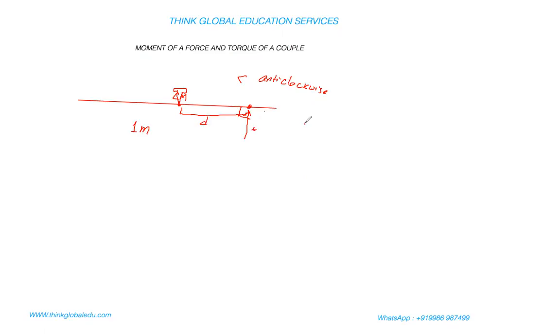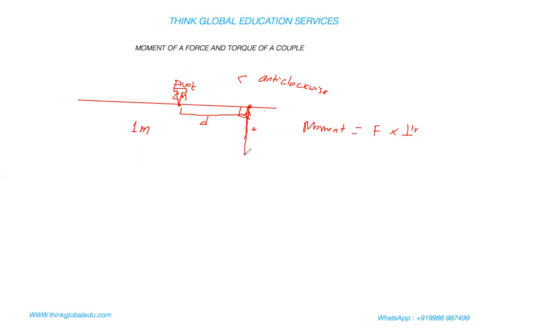So moment of a force, we can represent that as: moment is equal to the force applied multiplied by the perpendicular distance of the pivot. Here I have nailed the center of mass, so I can call this the pivot, from the line of action of force. This is the line of action of force.